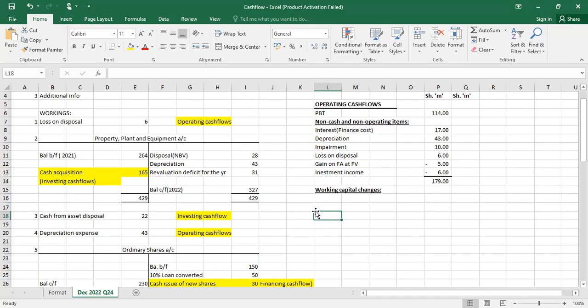So the inventory, the receivables, and then payables, those are the working capital. When we talk of their changes, we mean their increase or decrease between year start and year end. Let's start with inventory. Between start of year and year end, did the inventory increase or decrease?